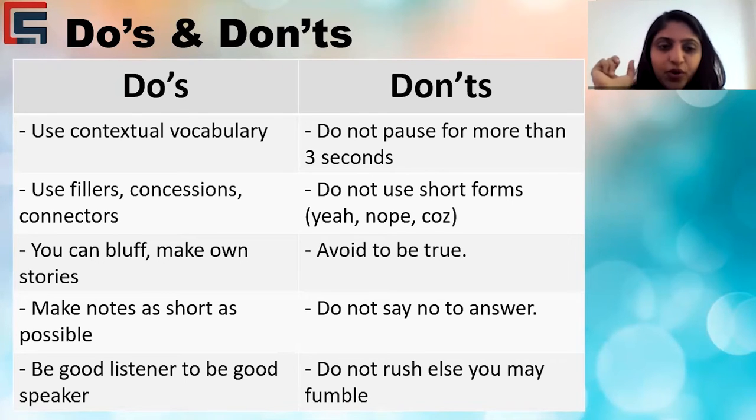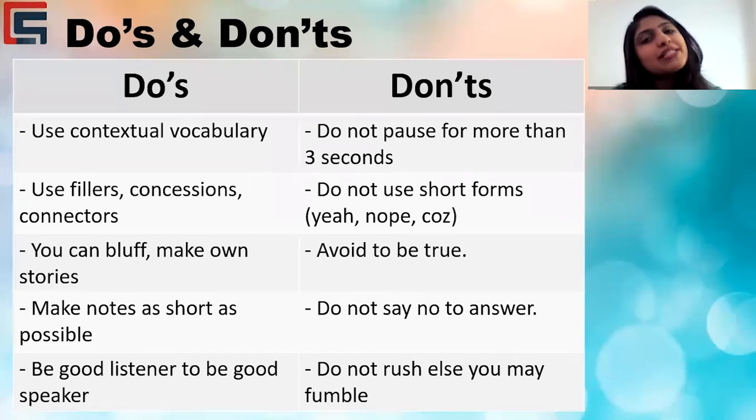For example, if I say, I live here, there is a market near my home. Rather than this, I can say, I live here where there is a market. However, I prefer to walk if I have to go somewhere nearby. So these were 3 sentences which were connected with each other through connectors.